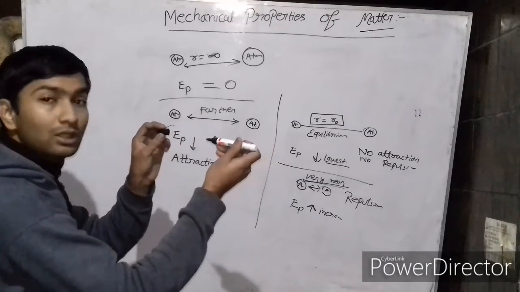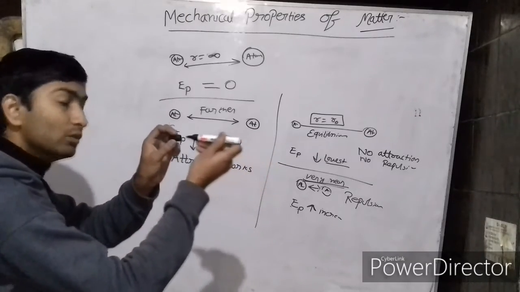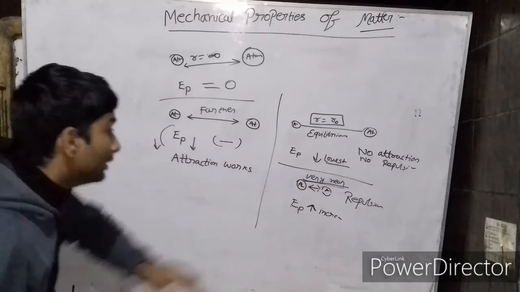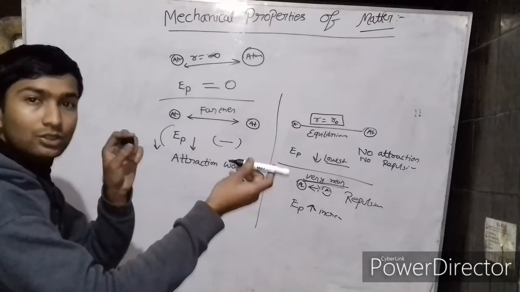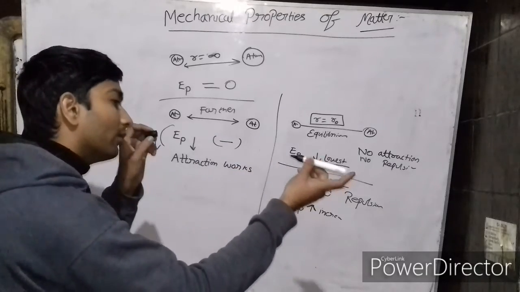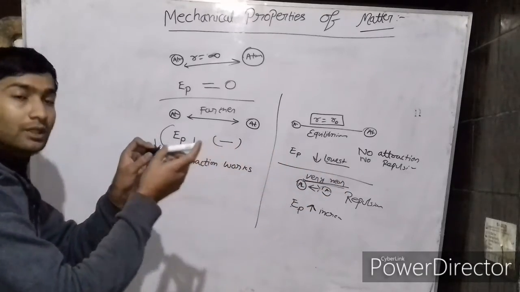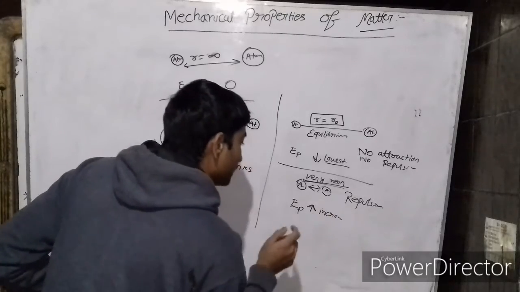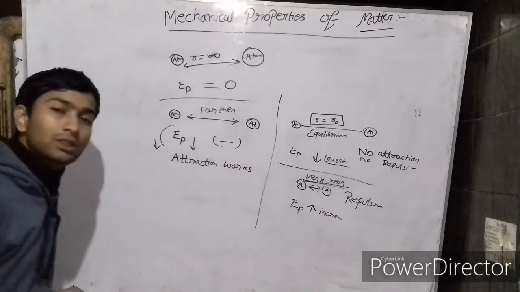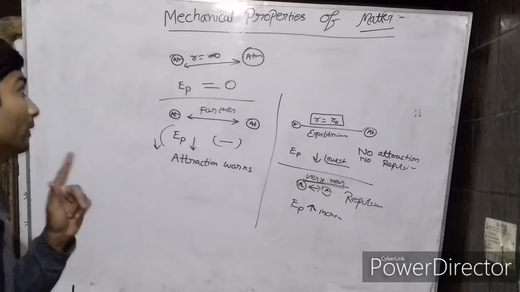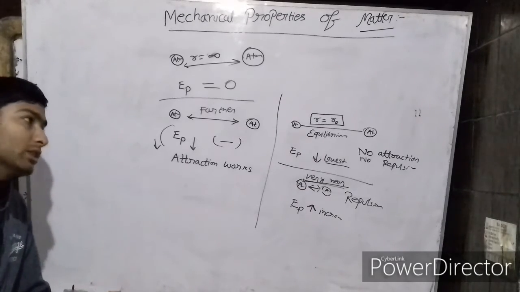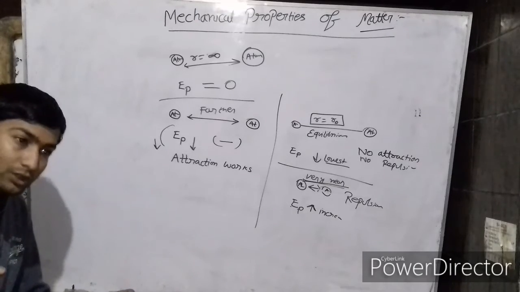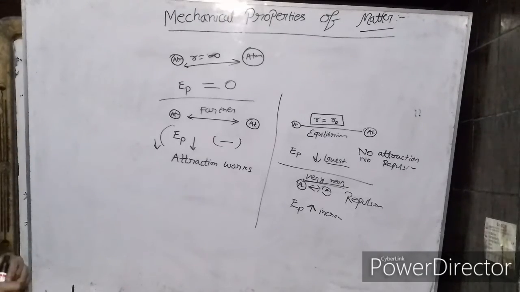After this, work must be done to bring them together, and this is what we call the non-equilibrium state. At equilibrium neither attraction nor repulsion takes place, but further decreasing the distance causes repulsion, and the potential energy increases. So remember one thing: when atoms are further apart, attraction; when atoms are very near to each other, repulsion takes place. Okay, so thank you.